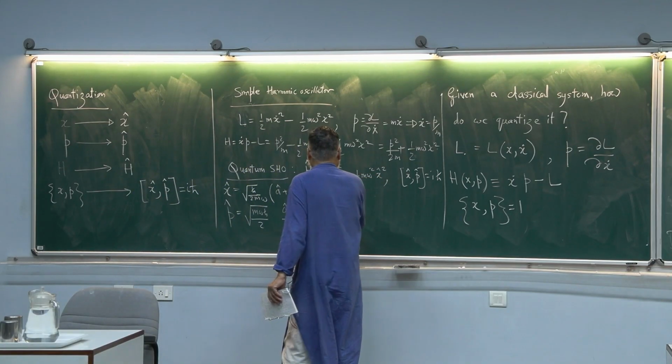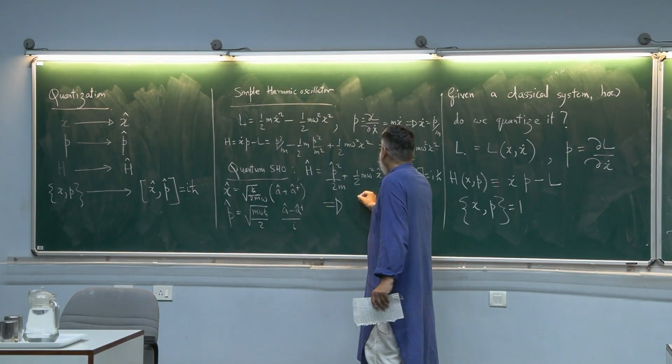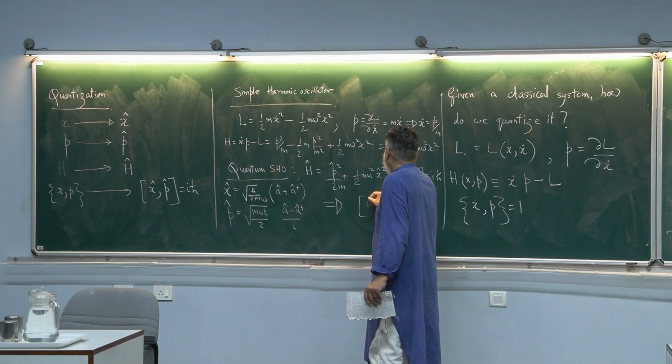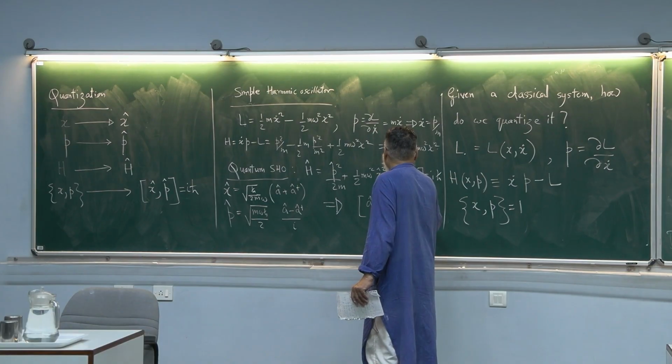From this, by substituting this here, you will find that A and A dagger are such that the commutator of A and A dagger is the identity operator.